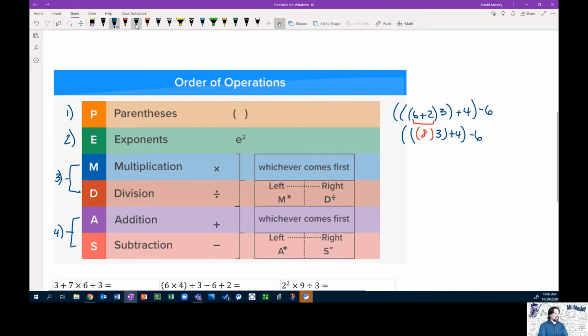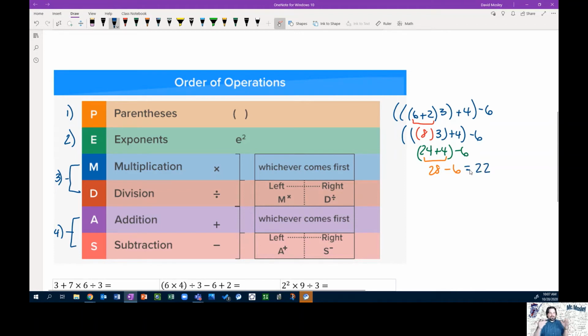That's the next set of parentheses. That'd be 24, plus 4 minus 6. Now we get 28 minus 6. Now we can take care of the minus 6, and we end up with 22.